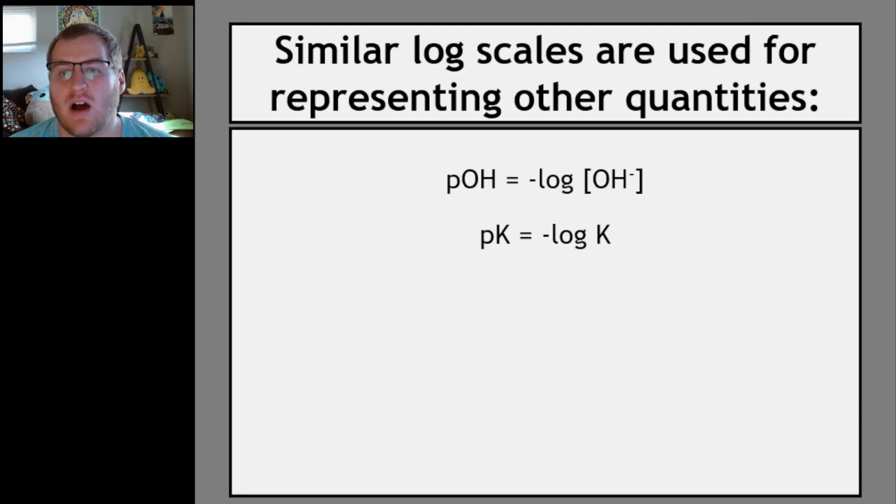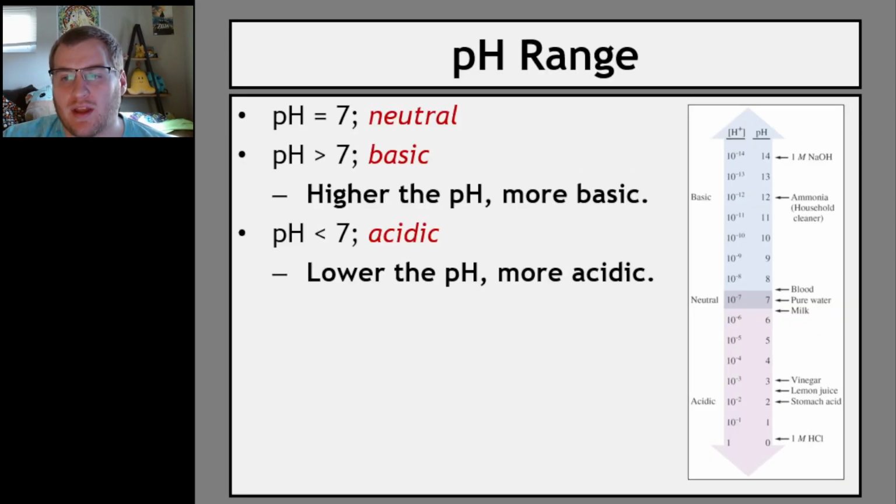Here's a couple of other times we use this sort of logarithmic scale. And I should mention, going back here real quick, a logarithmic scale means that if I compare the pH between 3 and 2, that actually is not a difference of like, this is 1 time stronger, or a little bit stronger, 50% stronger.